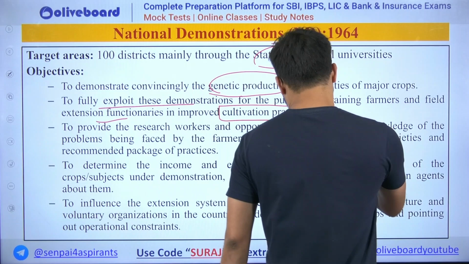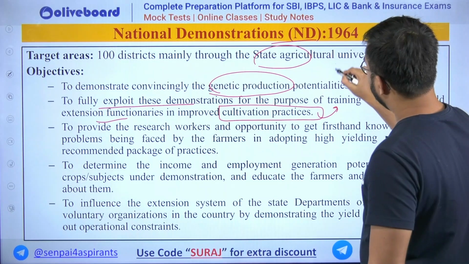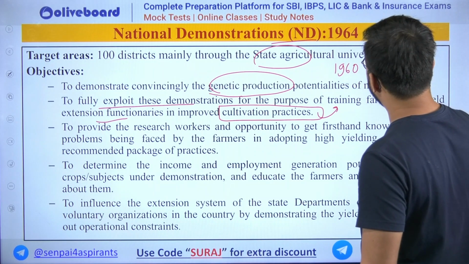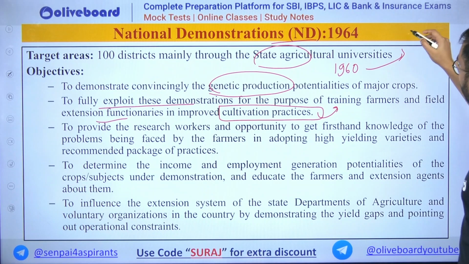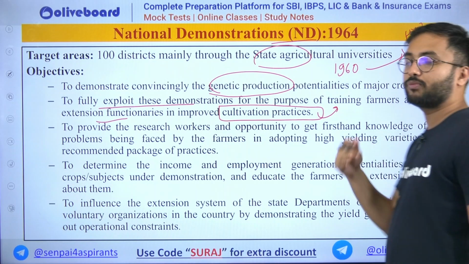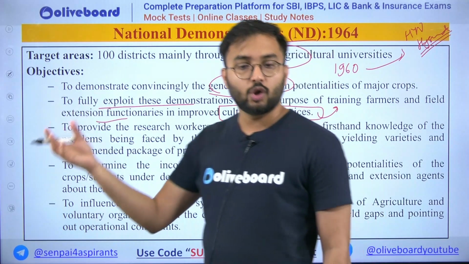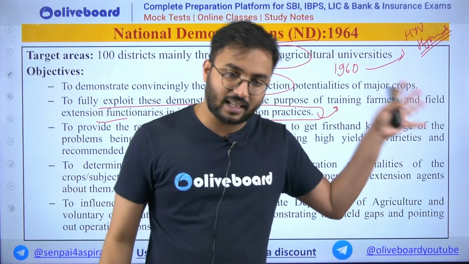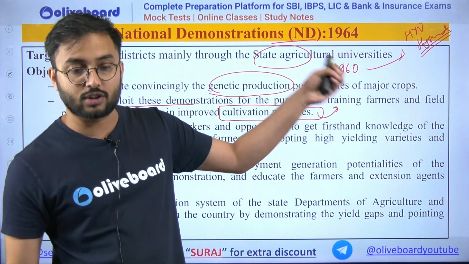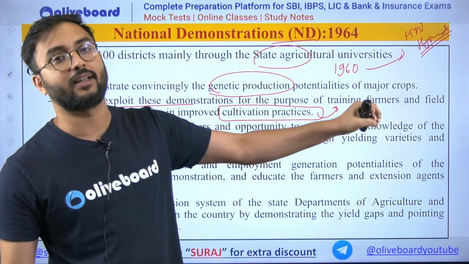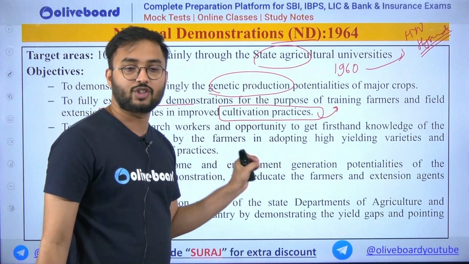According to the era of the 1960s, what happened? The high yielding variety or hybrid seeds wave came from Western countries, from America to the Philippines. Looking at that, Norman Borlaug also thought to bring the same high yielding variety seeds to the Indian subcontinent.